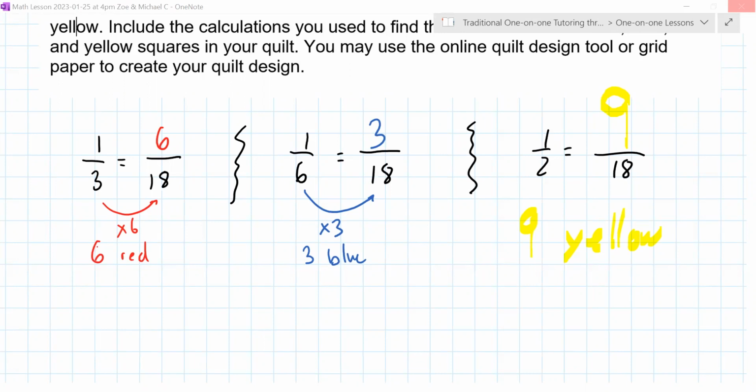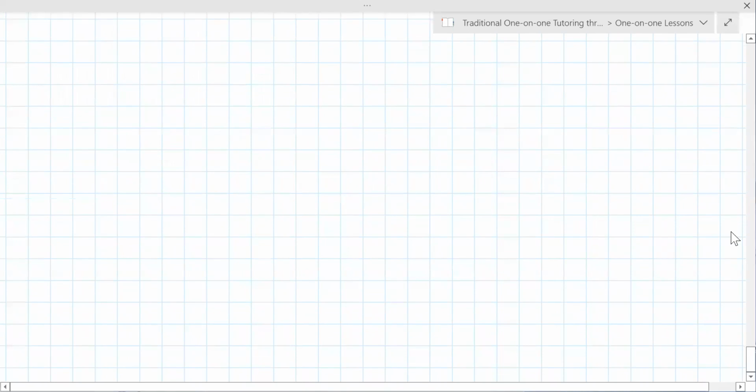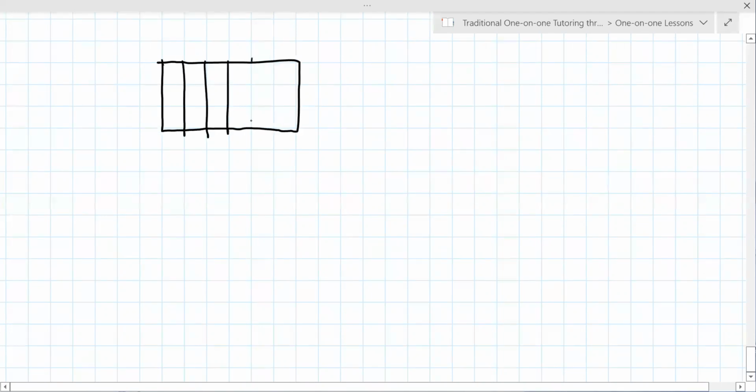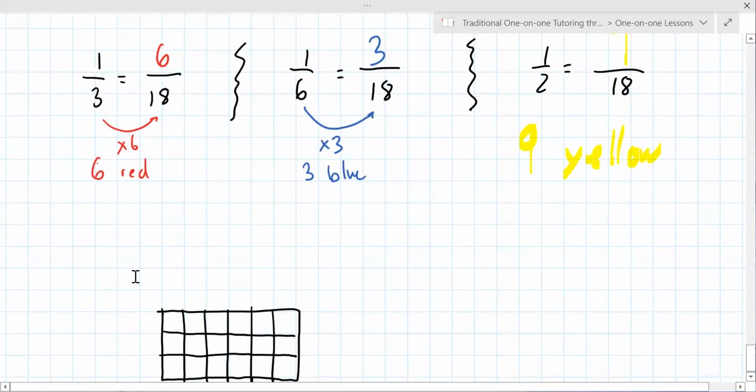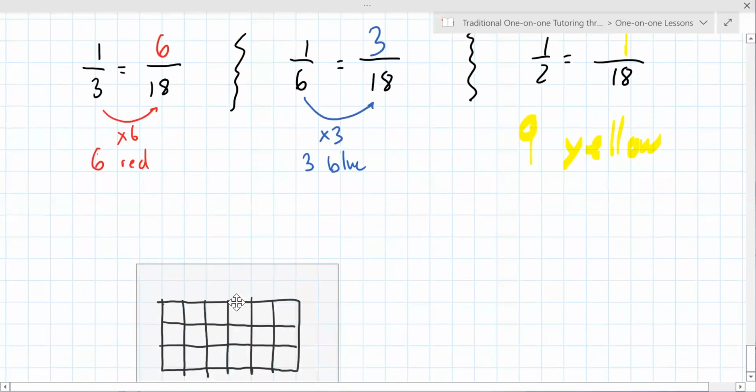But I think they want you to actually make some sort of a quilt. So they want you to fill in 18 squares with the right colors. Okay, so for example, actually, let me move this up a little bit.